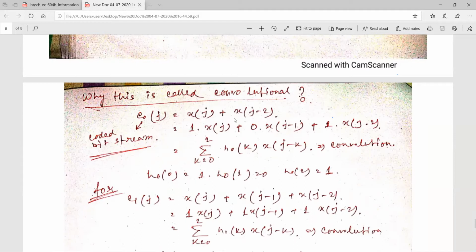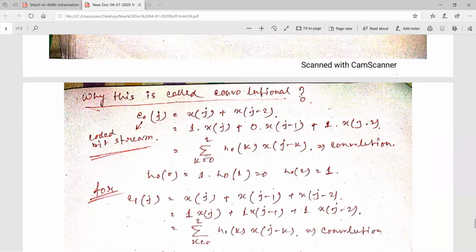Here the value of j minus 1 we don't know, so the coefficient of xj equals 1. So 1 dot xj plus 0 dot x of j minus 1, because this is a missing term, and the coefficient of x of j minus 2 equals 1. So 1, 0 and 1.